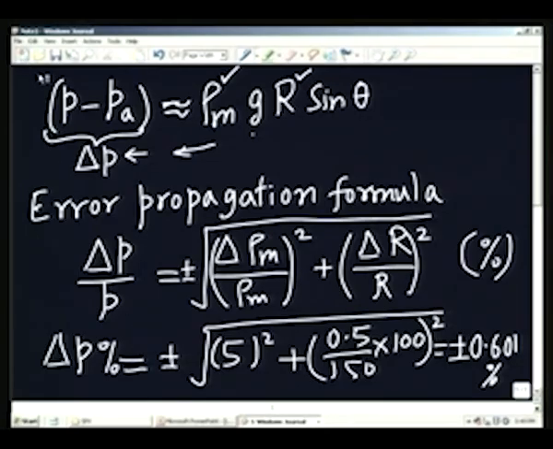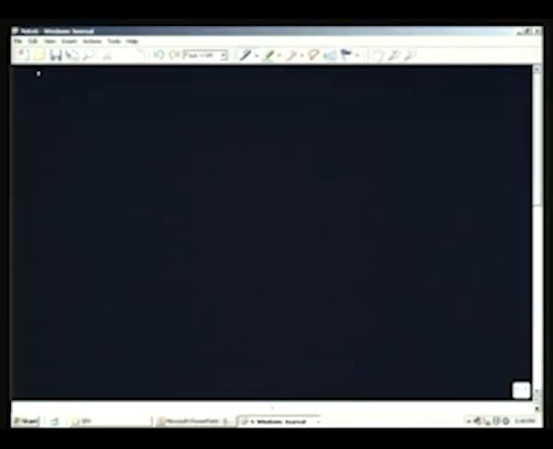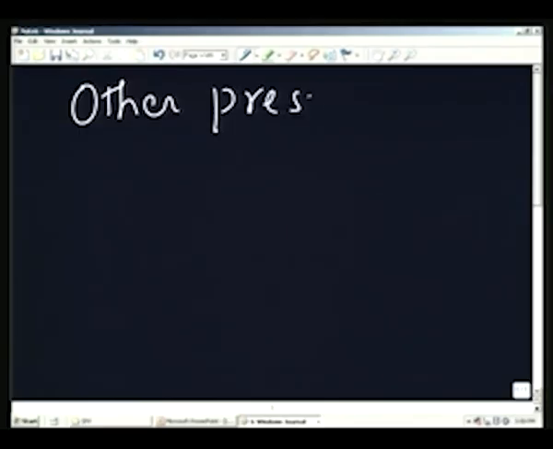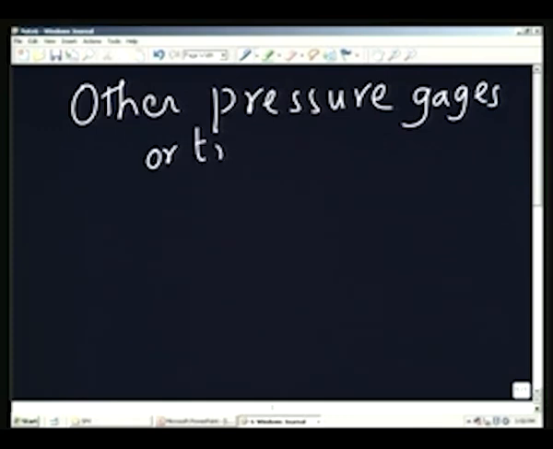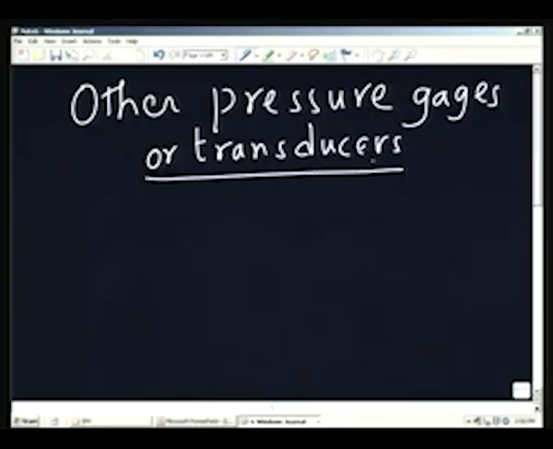Other methods of measuring, I will simply say other pressure gauges or transducers. Let me just look at the principle of operation of several different types of pressure gauges. One by one we are going to go.